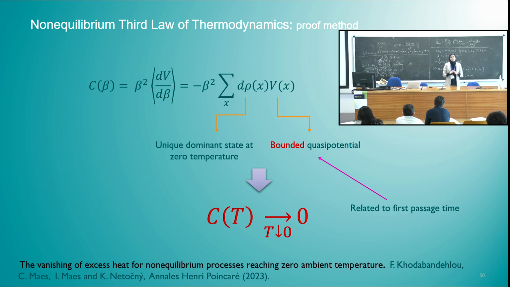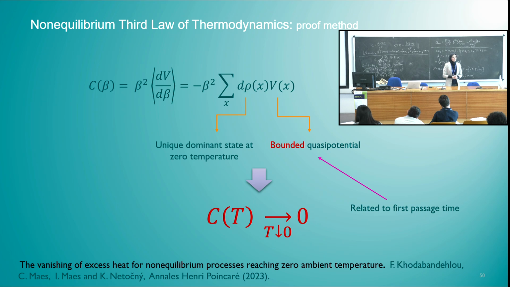And imagine there is a high barrier between the dominant state and another particle in the corner of the room. The particle has to do too much work, in the same sense as the quasi-potential, to reach the unique dominant state. It means that the time the particle needs to reach it is too much.